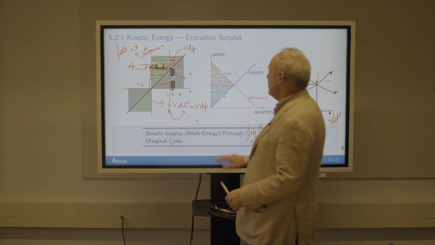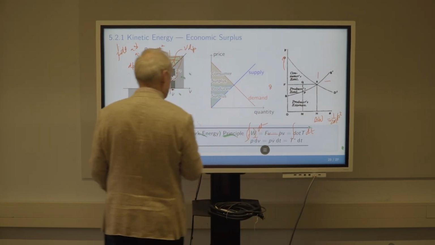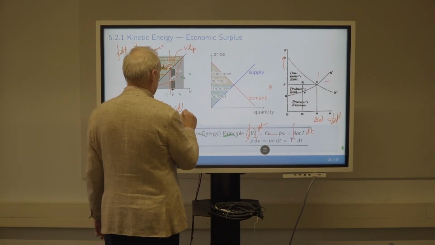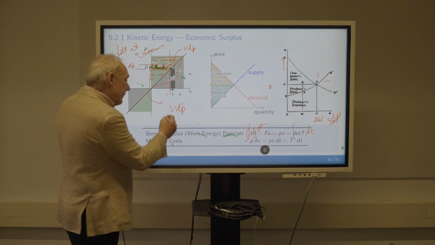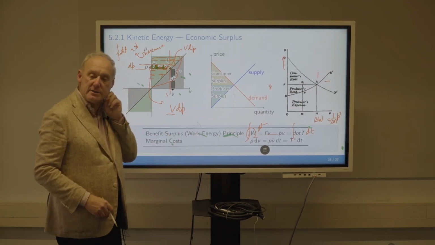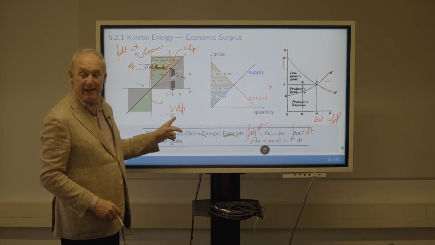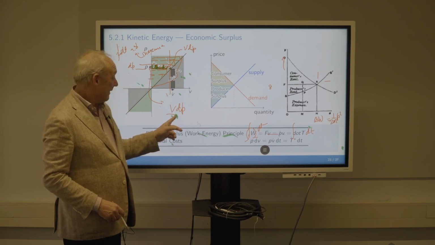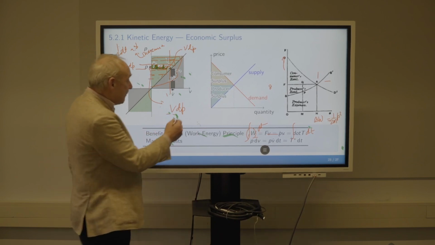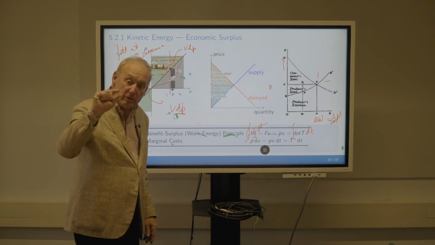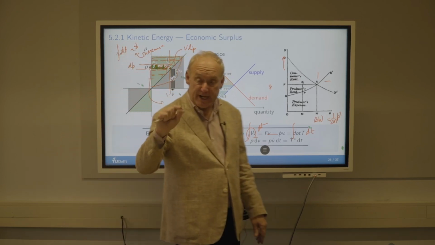So how do you interpret something like this, V dp, economically? Well, what's happening is there's a flow of goods going at this rate V, and I multiply it by a small increase in price margin.